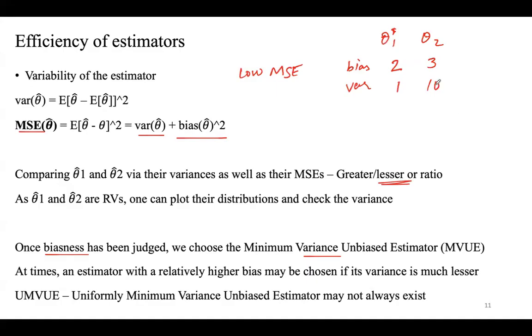If you just took a look at the bias, you would say, okay, theta 1 is nice, so let's go with theta 1 and ignore theta 2. But the idea is that you need to consider both of these aspects. If you consider both of them, you realize that this is better.